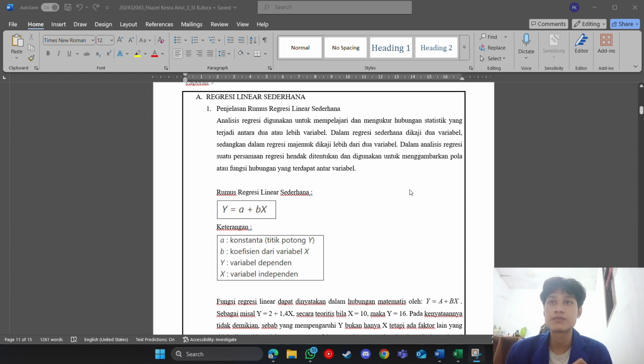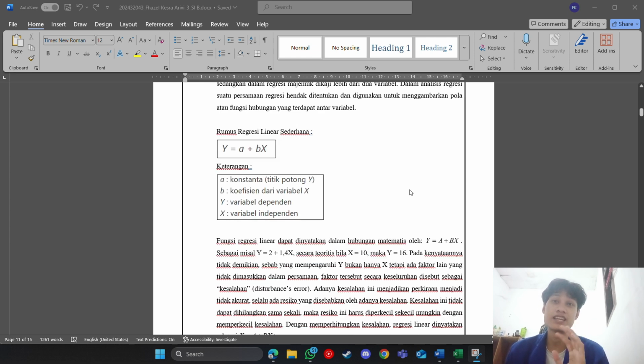And in simple linear regression, we have the formula y equals a plus b times x. So what is that?